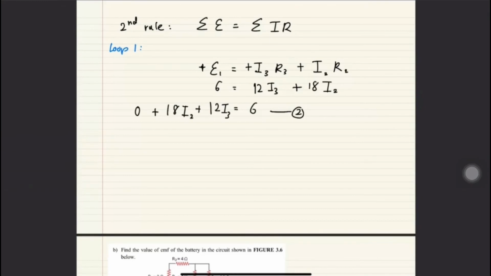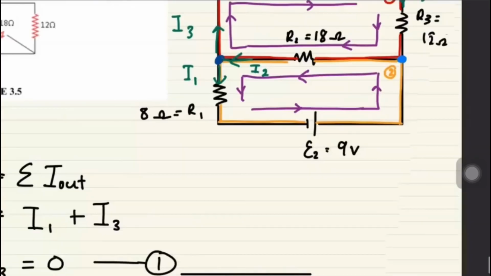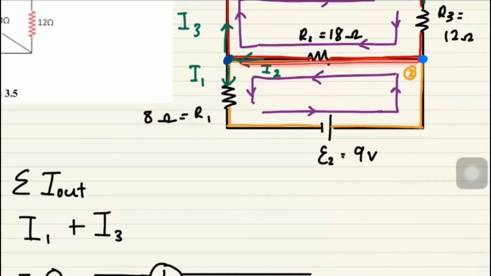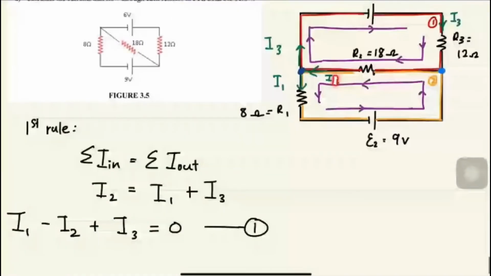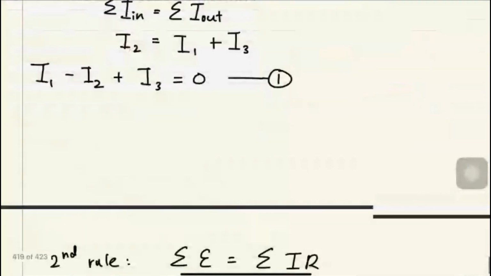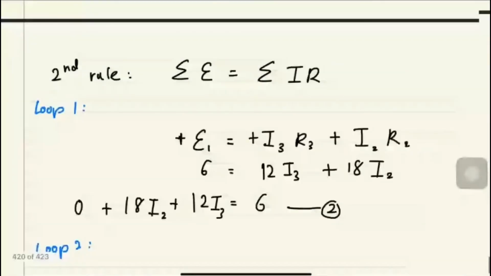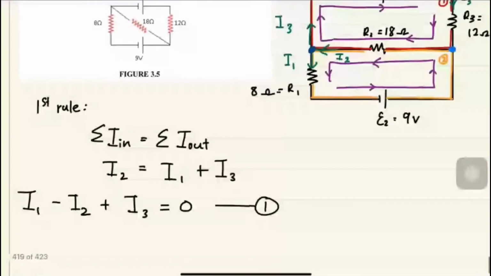Okay, and then from loop 2, I can use the same concept, just that now I focus on the second loop, the yellow part. How many EMF are there over here? There is 1, epsilon 2. There are 2 resistors, R1 and R2. The current through R2 is I2, and through R1 is I1.